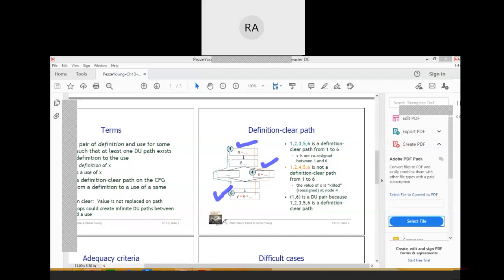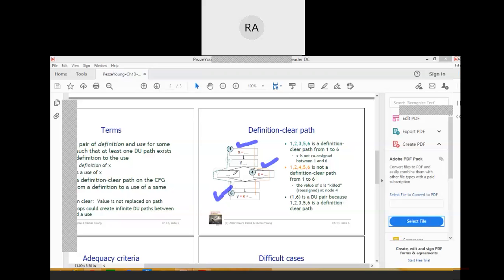As per the definition clear path, which path is forming a definition clear path? One simple example is from node number 1: 1, 2, 3, 5, 6. It is forming a definition clear path. Why?